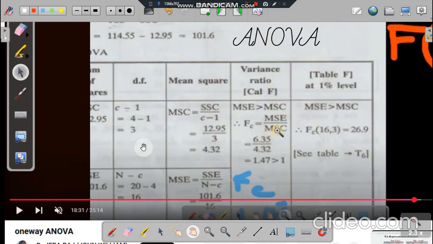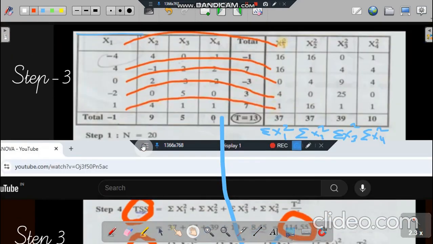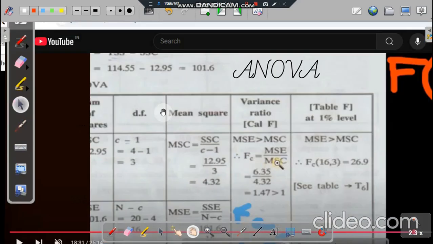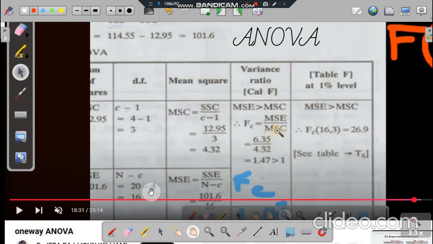N minus C: we know what N is, right? N equals 20, because there are 20 observations. So 20 minus the number of columns, 4, gives 16.